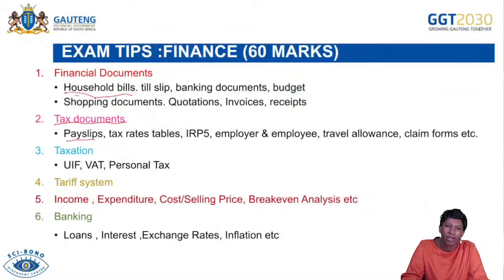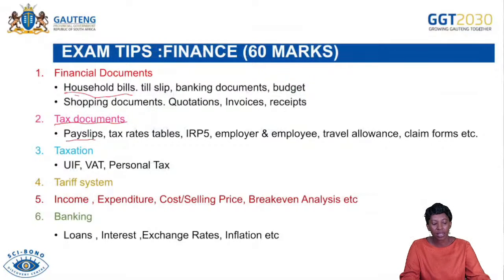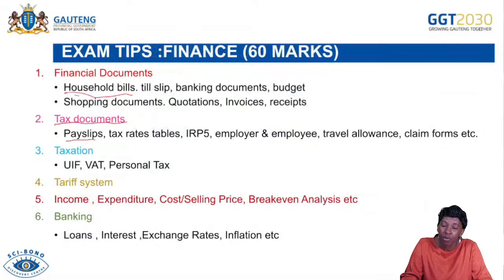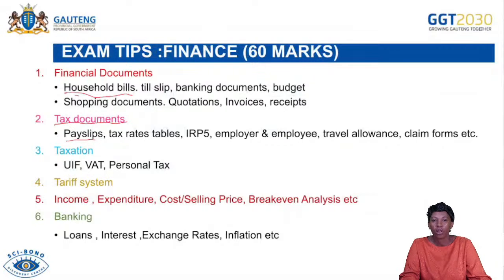And then also your investments, if you have investments, and your UIF, if the employee is working at a company that is debiting the amount for the UIF. All that information is reflected on the pay slip.